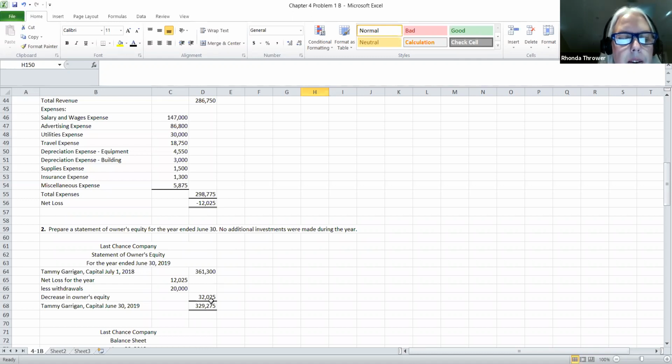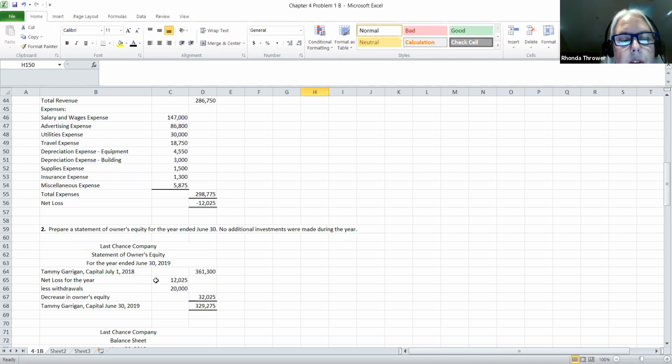So in this case, we had a decrease in owner's equity. I don't think up until this point you've seen that shown in a financial statement before. But in the real world, we do have net losses that happen, and so there are sometimes decreases in owner's equity. And so it's important that you know that this net loss meant that it puts you further as decreasing the owner's equity.